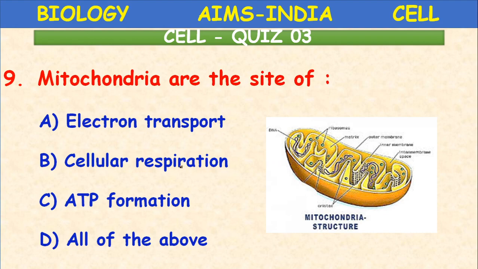So the process of cellular respiration takes place. This process is called cellular respiration. Here Krebs cycle, another step called Krebs cycle.